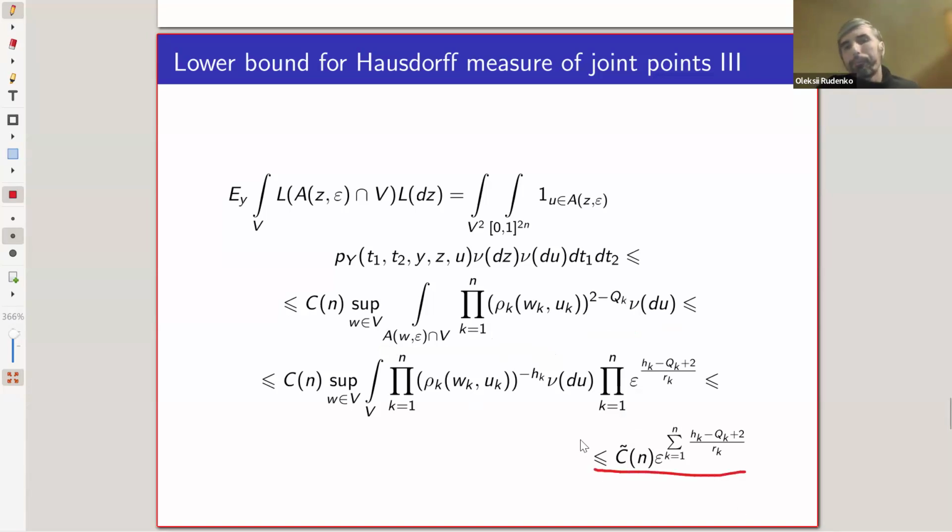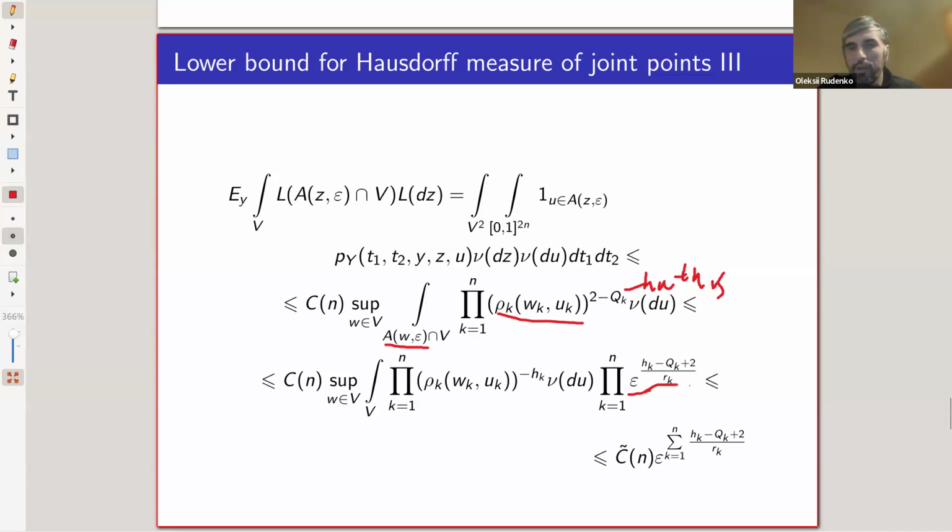And here I just multiply and add h_k, subtract h_k, and then estimate rho_k to the power h_k minus q_k plus 2 as epsilon. So r_k is less than or equal to epsilon, because we are in this corresponding ball, and epsilon to the power 1 over r_k actually.